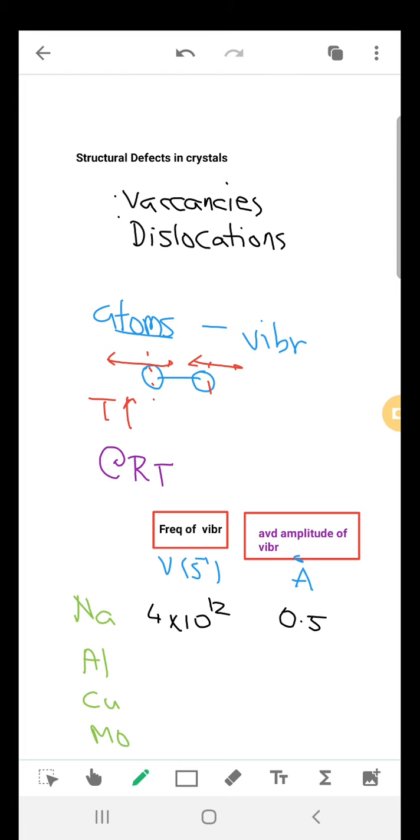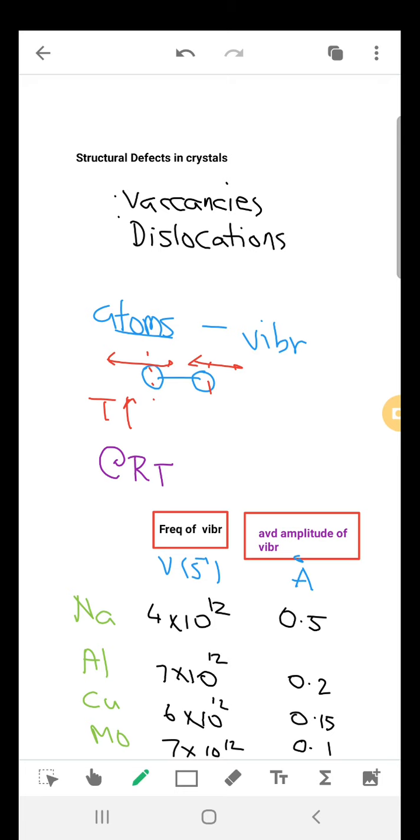Aluminium will have 10 to the power 12, and an amplitude of 0.2. Copper, on the other hand, will have 6 into 10 to the power 12, and 0.15. And molybdenum will have 7 into 10 to the power 12, with an amplitude of 0.1.